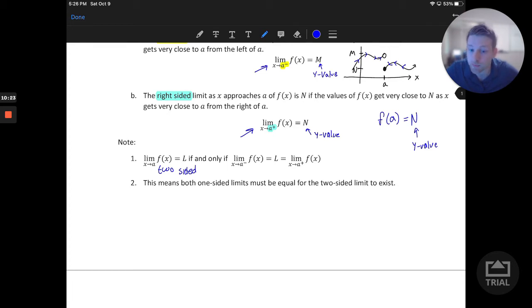So we want the limit as x approaches a from the left and the right to be equal to that same quantity L. If that is true, that means we're approaching the same height from both the left and the right, and by definition, we would have the two-sided limit at L.